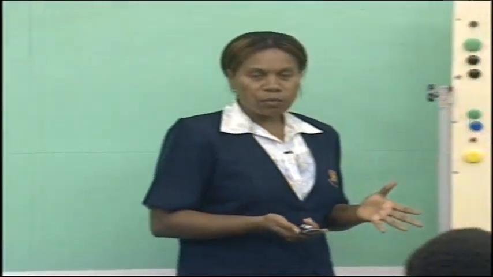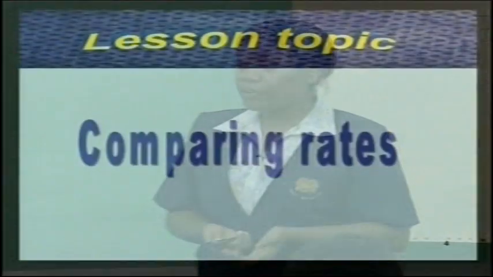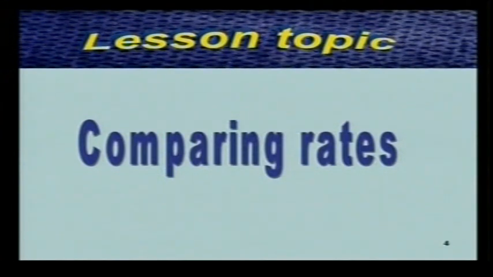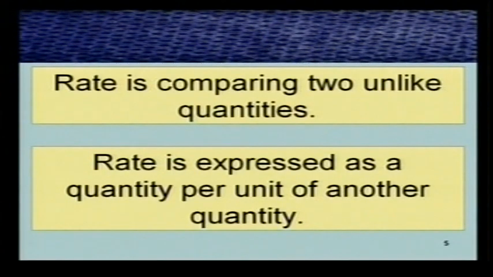Okay, in today's lesson, we're going to be looking at comparing rates. Okay, now just recapping on our previous notes or points, class. Rate is when we are comparing two unlike quantities. For example, in the video insert, you saw toyas per liter. Okay, those are two different quantities. Toya per liter.